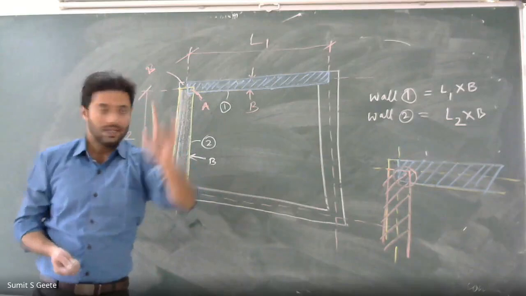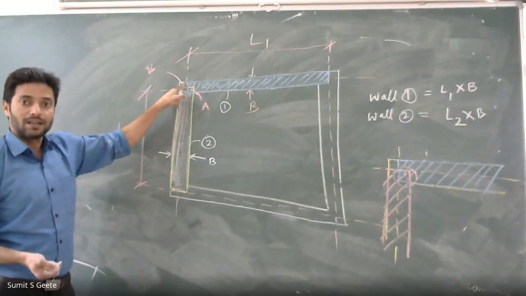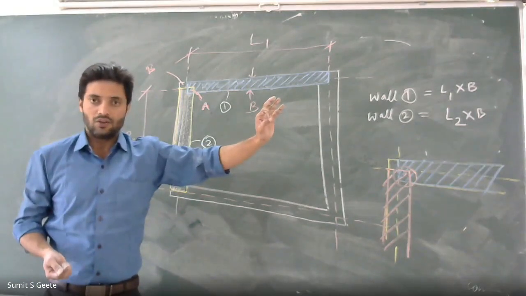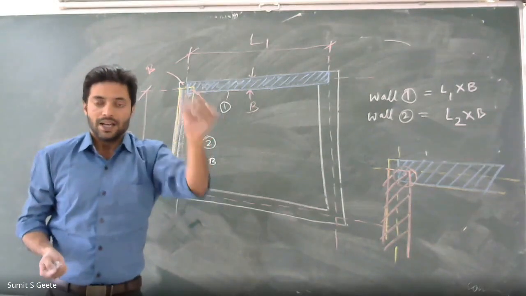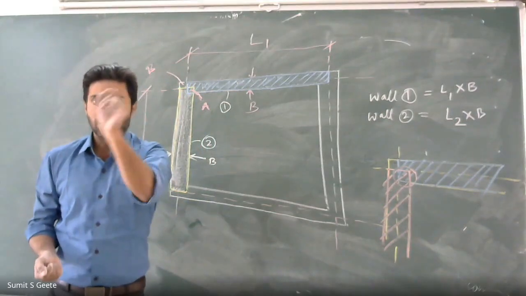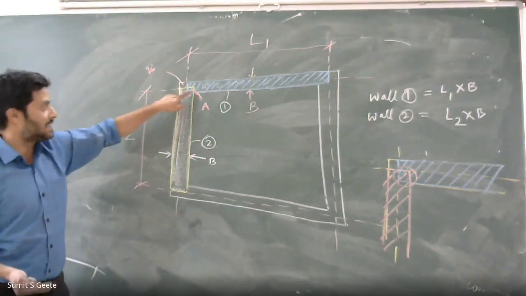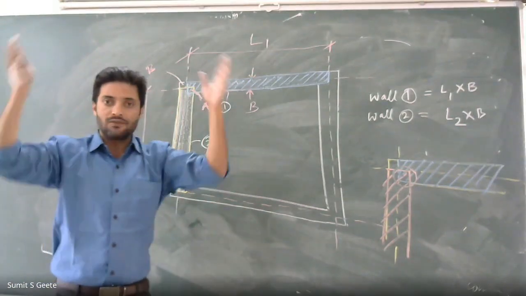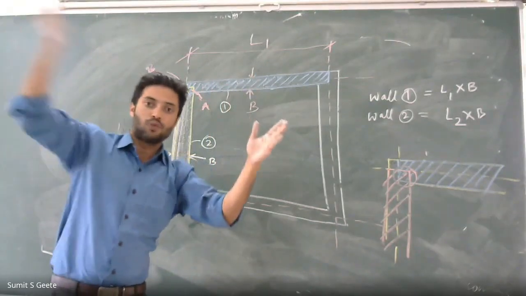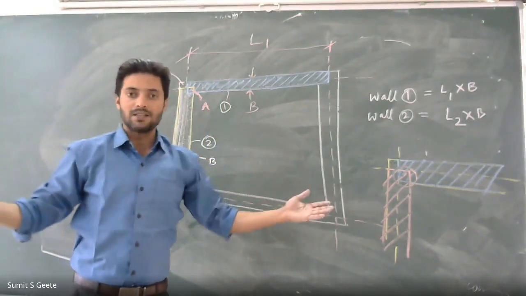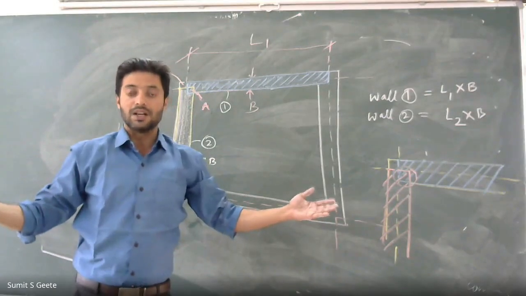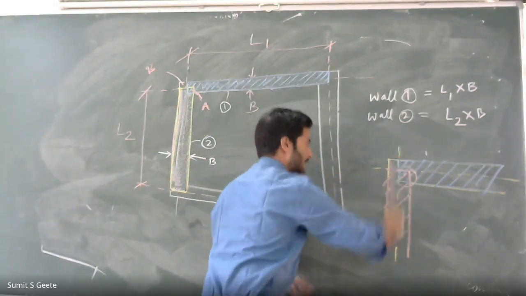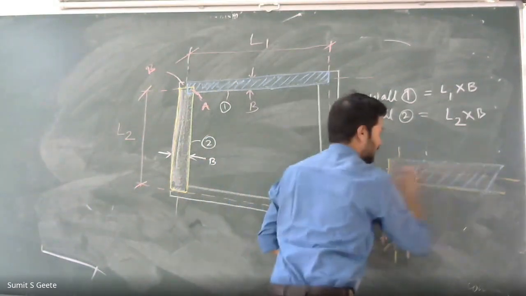But this B, the corner portion, is not repeated at all. But the area of A is equal to the area of B. Means this patch and this double patch have the same area. When these two have the same area and A is repeated twice, it means that they are counterbalanced with each other. What do you mean by counterbalance? It means that this complete area is already taken for consideration.